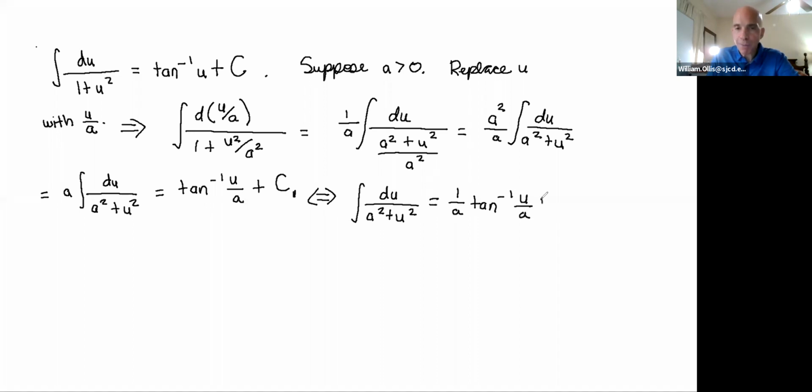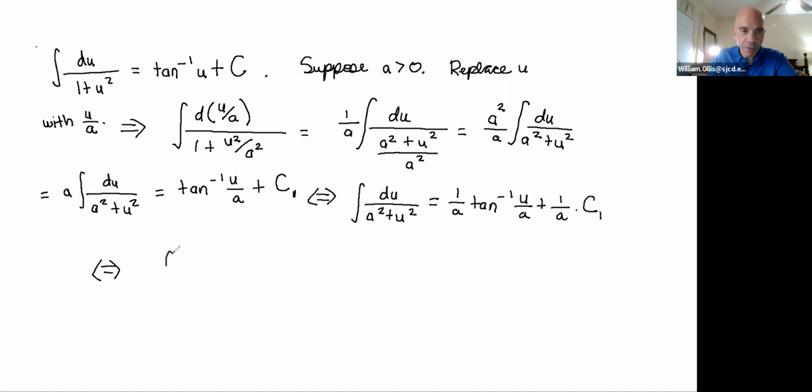And then, of course, we have plus 1 over a times the C1. Now, what we get from this is that we can just write the 1 over a times the C1 as a constant. Multiplying 1 over a times an arbitrary constant is just arbitrary.